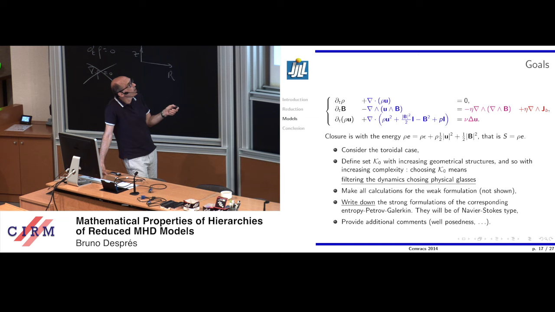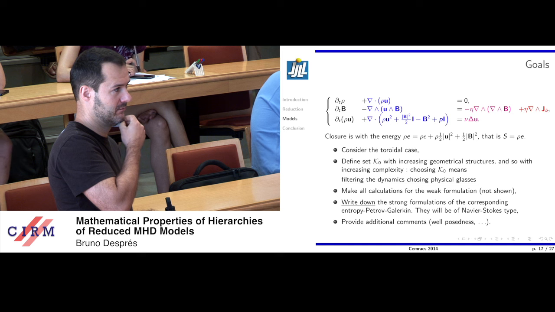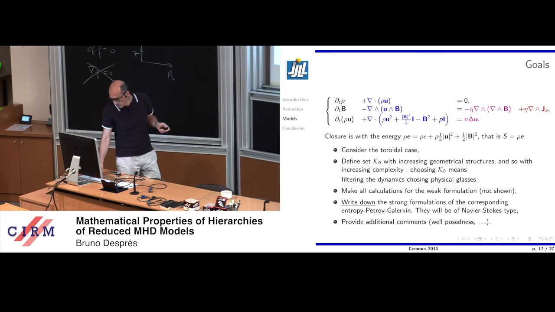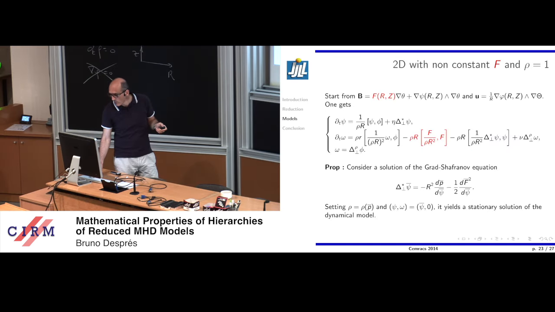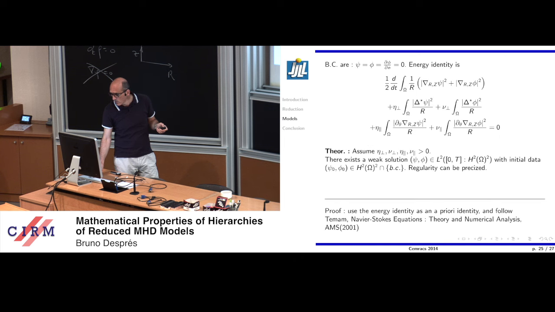The energy is the sum of the internal energy and the kinetic and magnetic parts, but here in the calculation I will discard the internal energy and set rho to 1, like in many cases. So you see that the total energy is just U square plus B square. But let's have a look at this one. What is this? This is B square plus U square. This is the same.